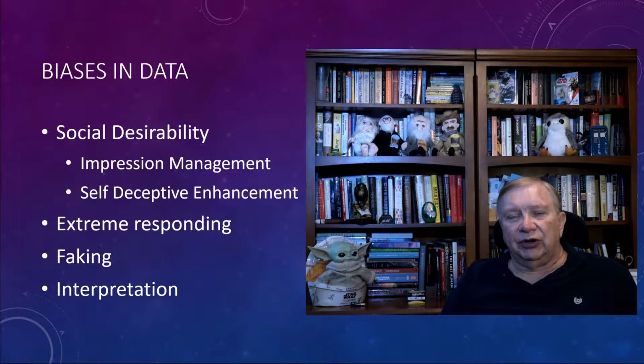Now, Paul has also found that there was another component of social desirability, and that's self-deceptive enhancement, where you think you're nicer or better than you really are, and you're really fooling yourself. This is a harder one to ferret out in the study, but Paul has done a good job of looking at this. I think of people who are kind of clueless.